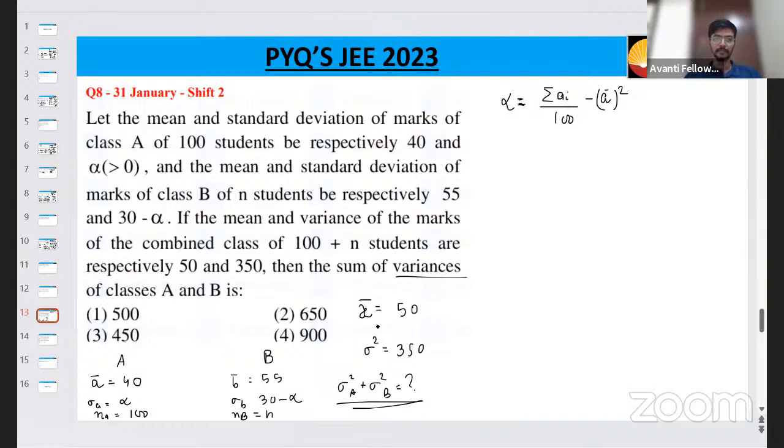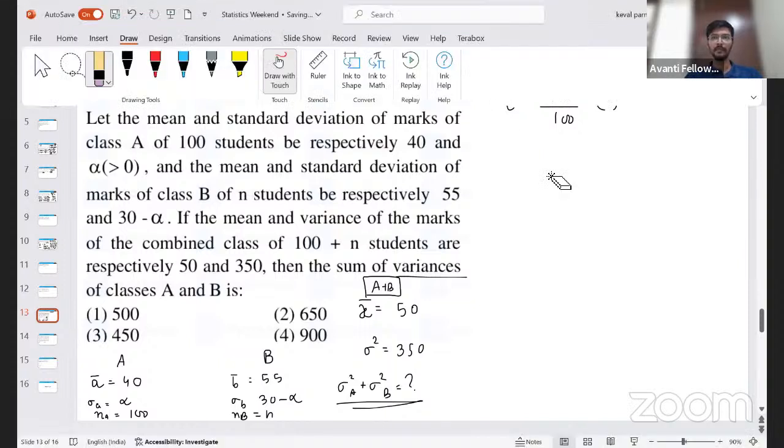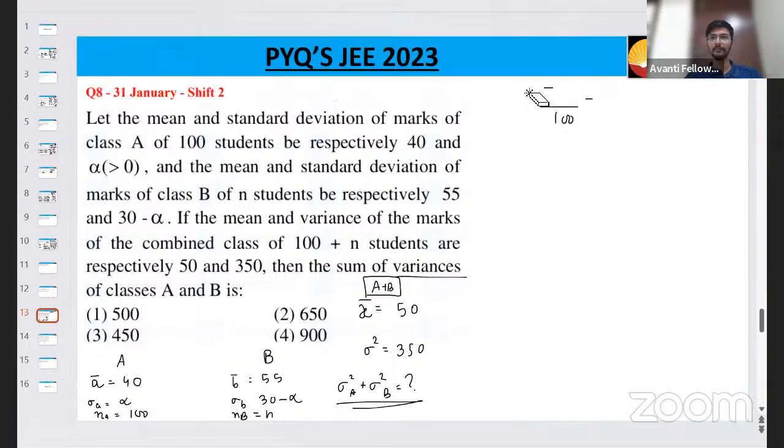This is the combined A plus B. So let's try the given information.